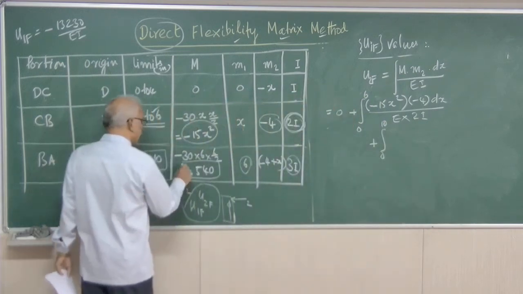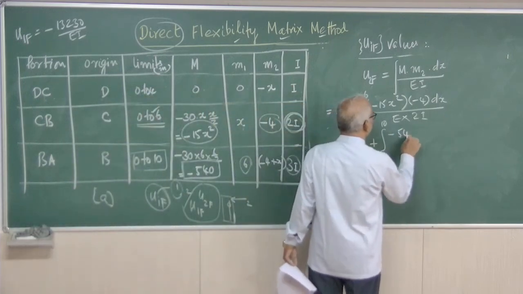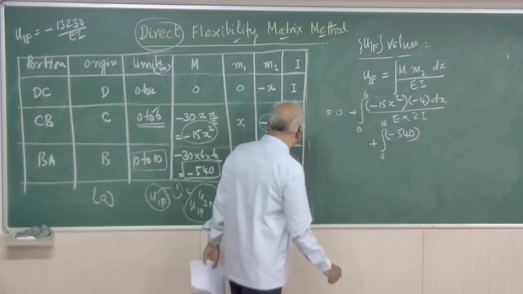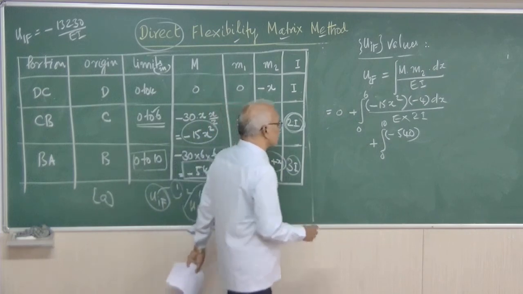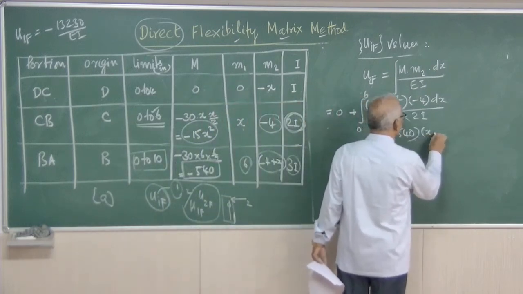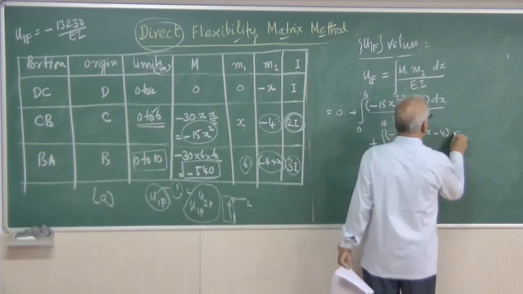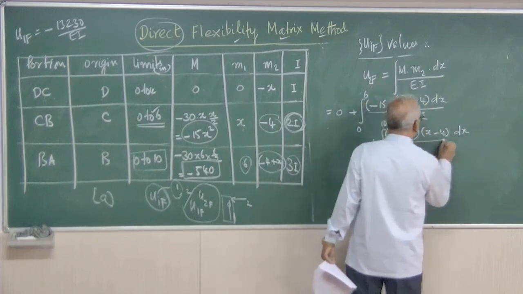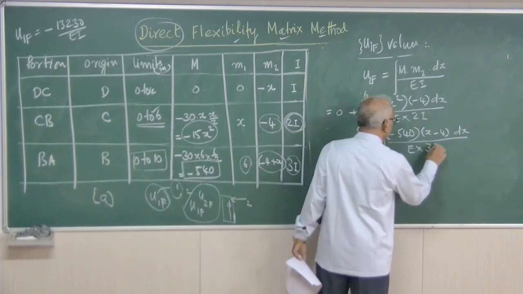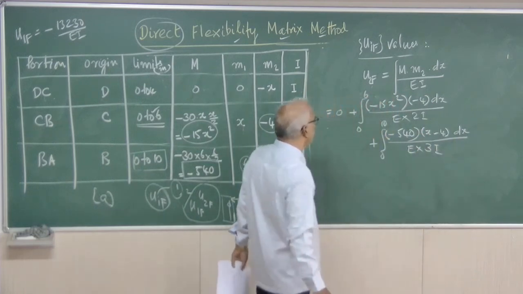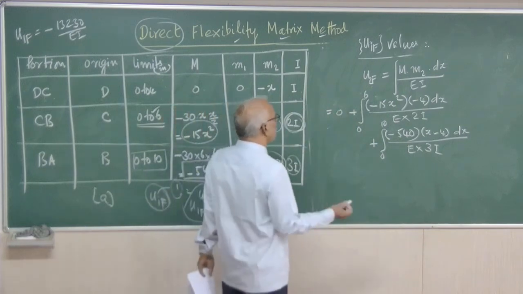M is minus 540 and M2 is minus 4 plus x, or you can say x minus 4. So this into x minus 4 into dx divided by E into 3I.